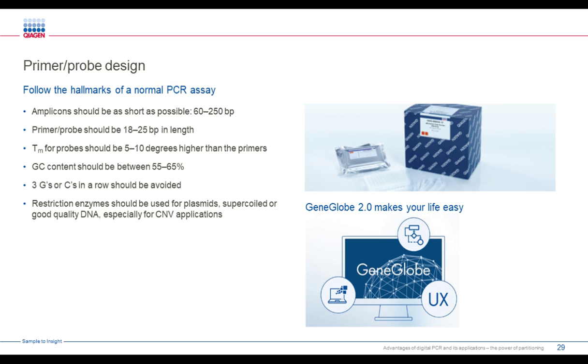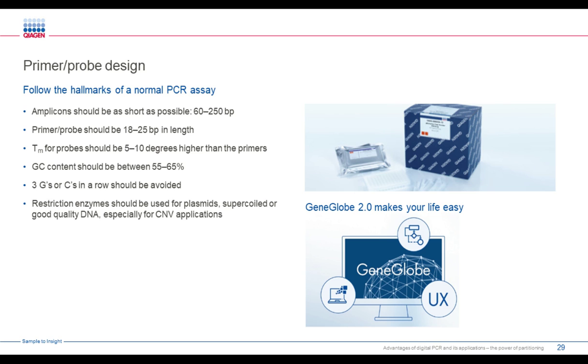If the efficiency is 0, you have no amplification, and of course, we want the best possible efficiency. The primers and probes should be as in qPCR, so they are 18 to, let's say, 25 bases in length. And the Tm for the probe should be 5 to 10 degrees higher than the primers.